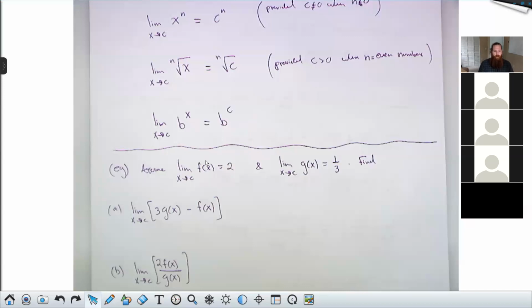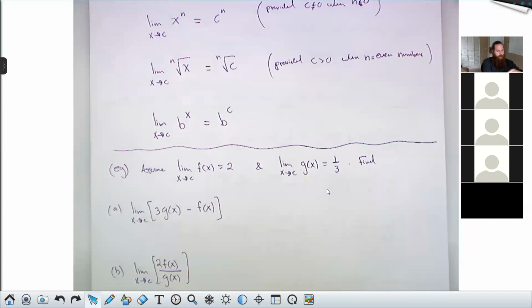There will be places in Calc 2 where you're expected to state and understand theorems in their entirety, their hypotheses and conclusions. In this class, that's not so much the case, with a few exceptions. So when we get to a theorem where I need you to know the theorem precisely, all the stuff that comes before the if, and all the stuff that comes after the then, word for word, so that you can check if that theorem applies to a given situation, I will let you know. So this is not a theorem like that, but this is a theorem that you'll get comfortable with through use. And all I require here is comfort, not rigorous mastery. Does that answer the question? You feel comfortable? Yes, thank you.